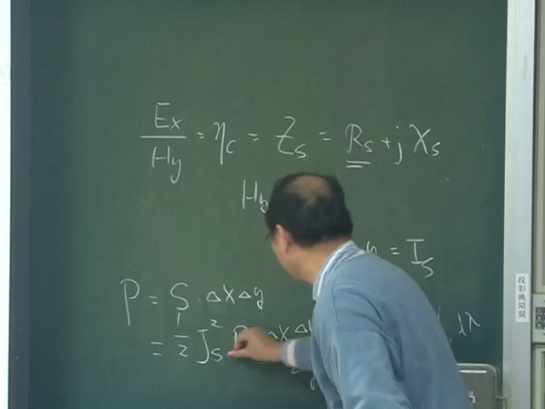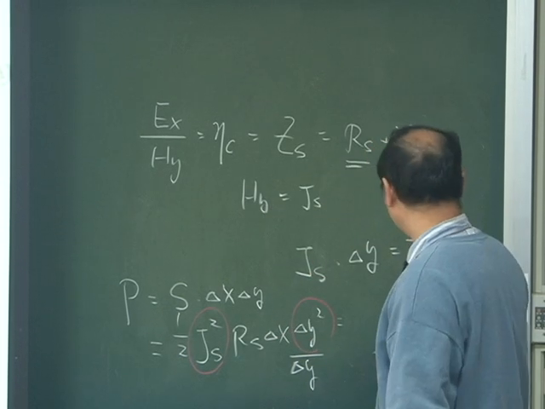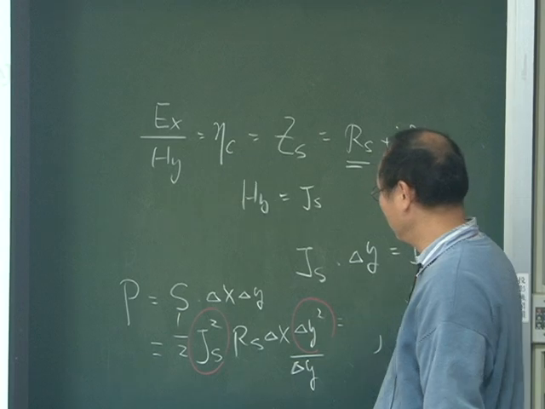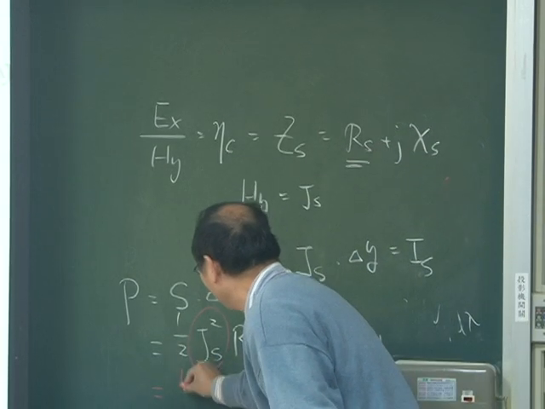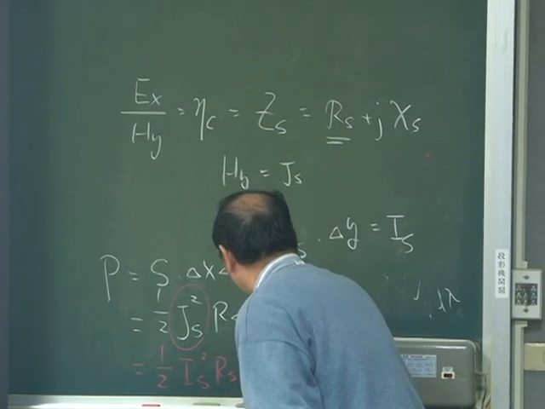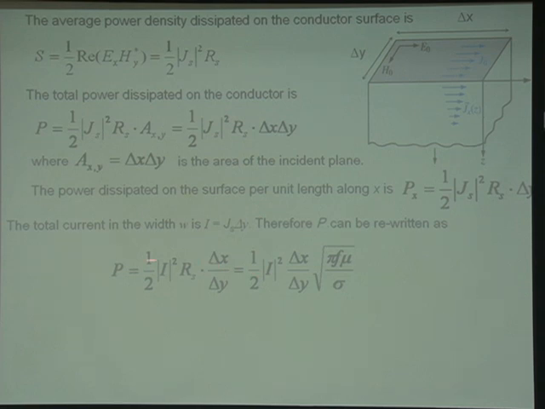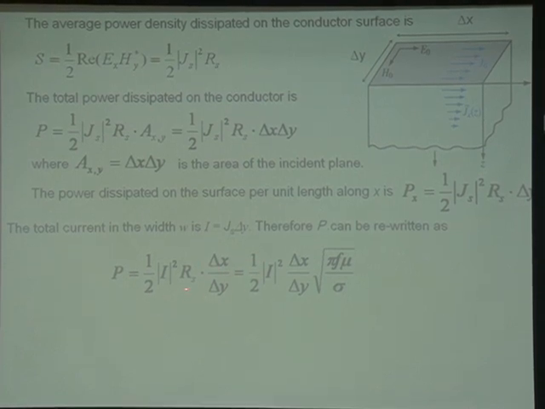And then you group this term and this term together to get Is squared. So you have 1/2 Is squared Rs delta x delta y right here. And you know what Rs is, because Rs basically is the real part of this eta C.